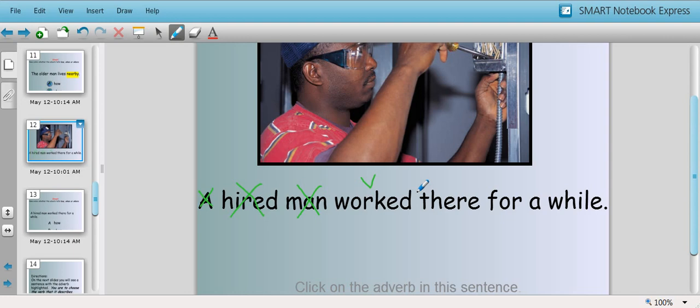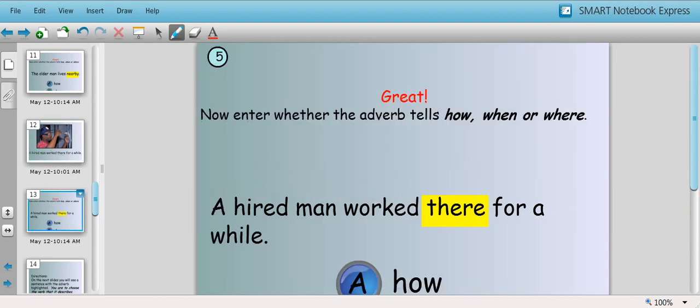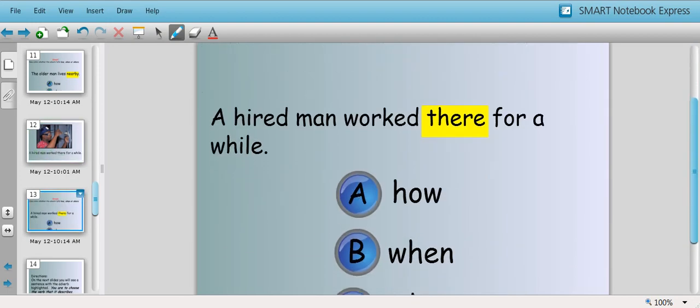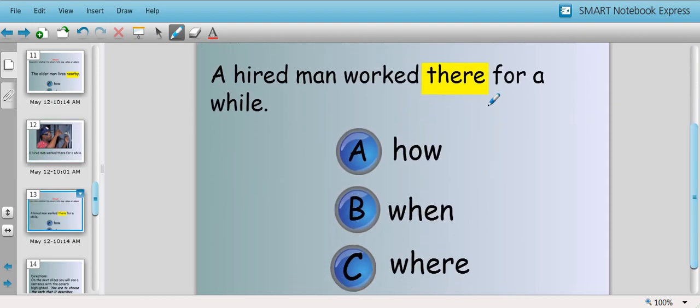There. Does there tell us how, when, or where? Yes, it does. There modifies our verb worked. It modifies it by telling us where. Where did the hired man work? He worked there for a while.